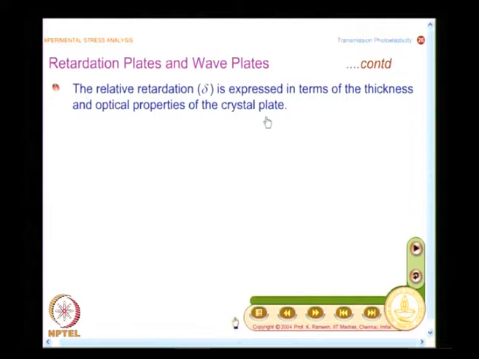So, when I say optical property, what are the properties? I have refractive index n1 and refractive index n2, or you can also classify it as ordinary ray refractive index and extraordinary ray refractive index, that is fixed for a crystal. The difference between a crystal and a model is, every point in the crystal has the same behavior, every point in the model in general will have different behavior depending on the stresses introduced.